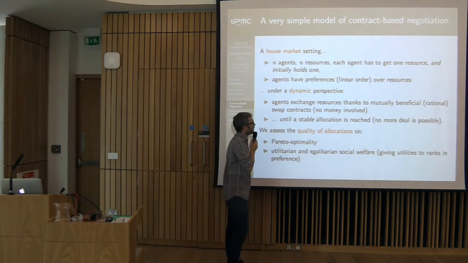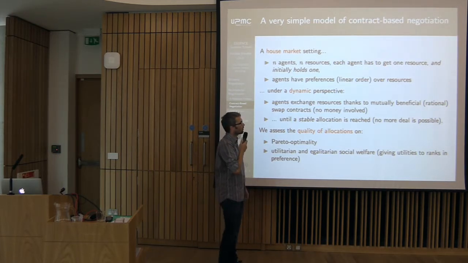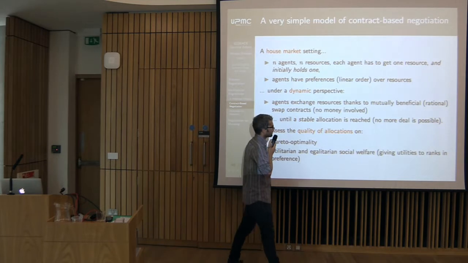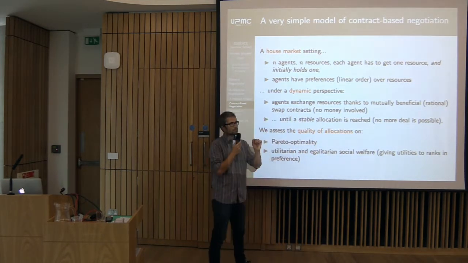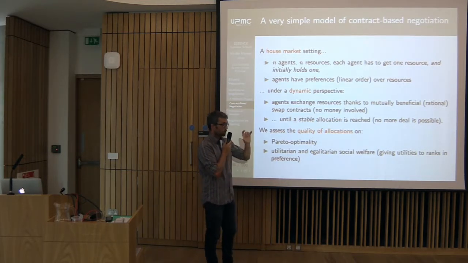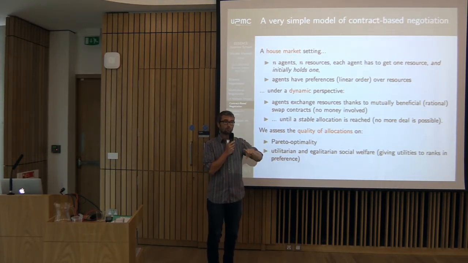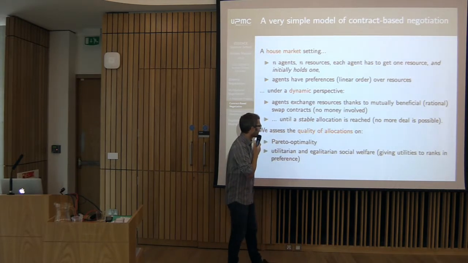And as I said, we will let agents negotiate in this way, and here the constraint that we put on our agents is that agents will be able to meet in a pairwise fashion, so only 2 agents, and you can just exchange your resource with the resource of the other one. No money.